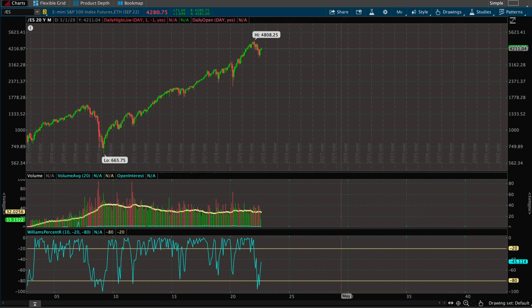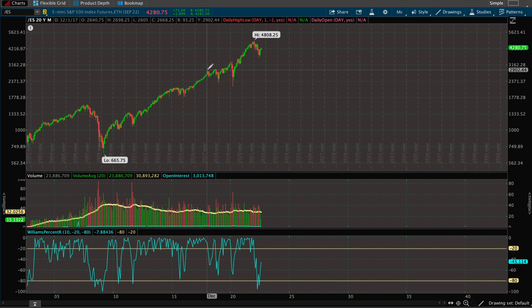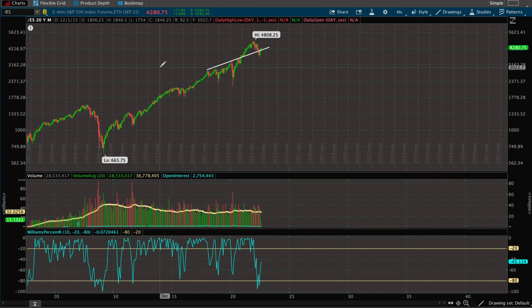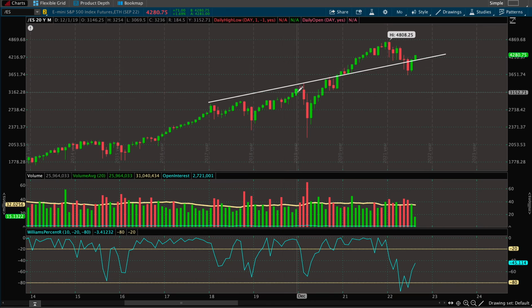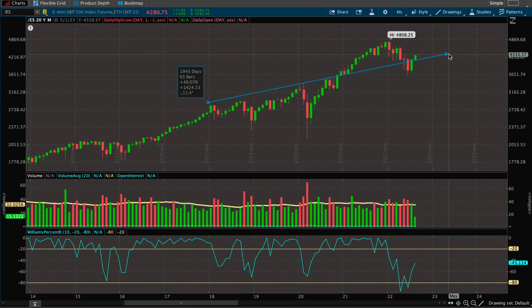We'll draw some trend lines here and start with simple trend lines on the monthly. I can see one trend line is going this way. Let me also make it a little bit more precise.